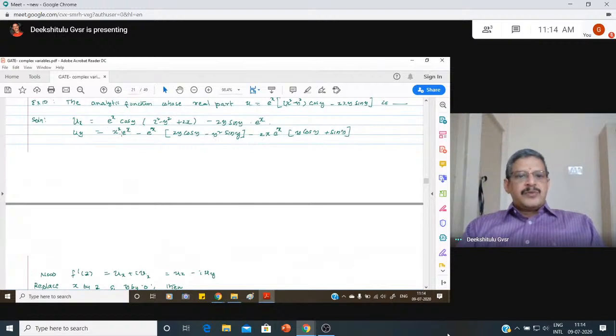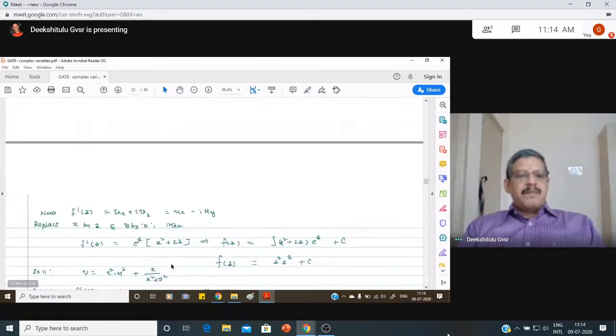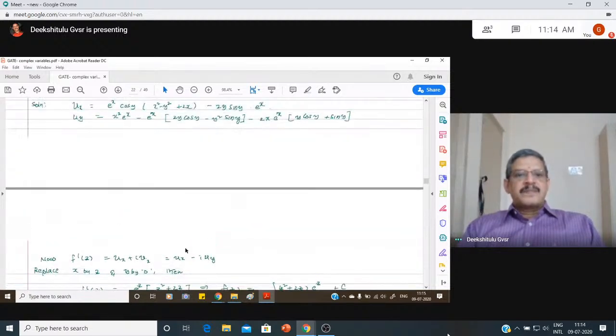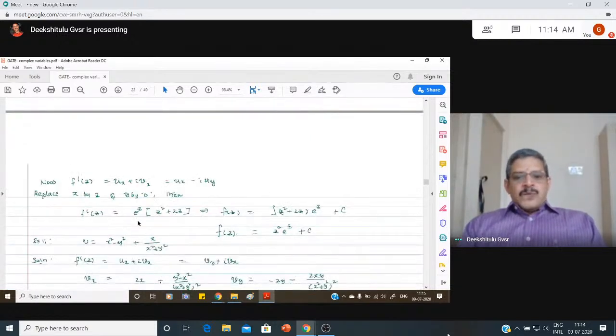And coming to this, z square e power z, y is 0, this term becomes 0, sin y becomes 0, this becomes 0. So the only term we get here is z square e power z. So we get f dash z equal to e power z into z square plus 2z. If you integrate this, we get f of z equal to z square e power z plus c.